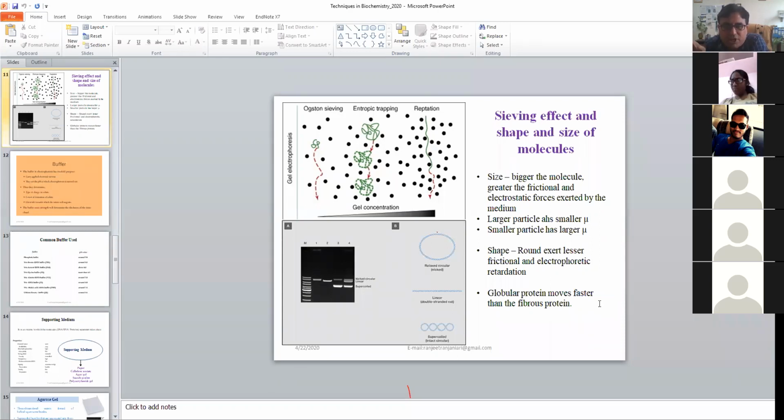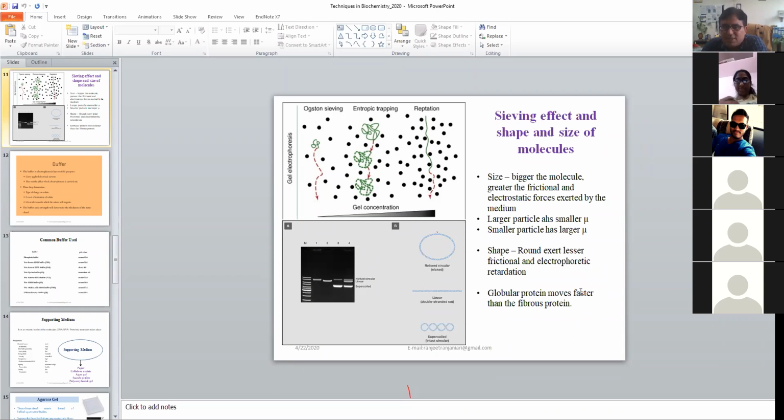Upside down means the upper part will be at the bottom and the bottom will be at the top. It is only because DNA always moves from the bottom of the gel and the movement is in a serpent way. Please write this: movement will be in the serpent way and the movement is at the bottom of the gel.